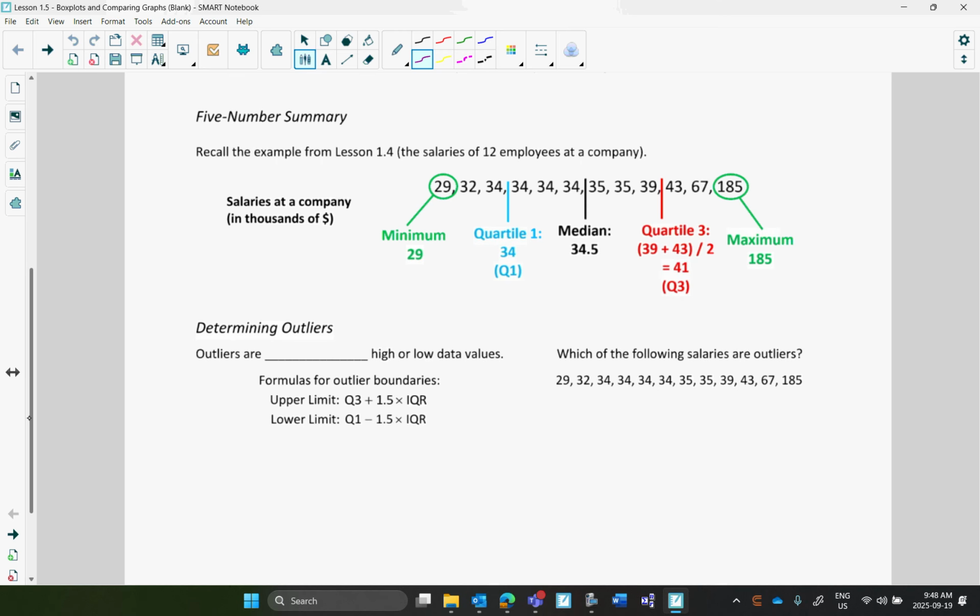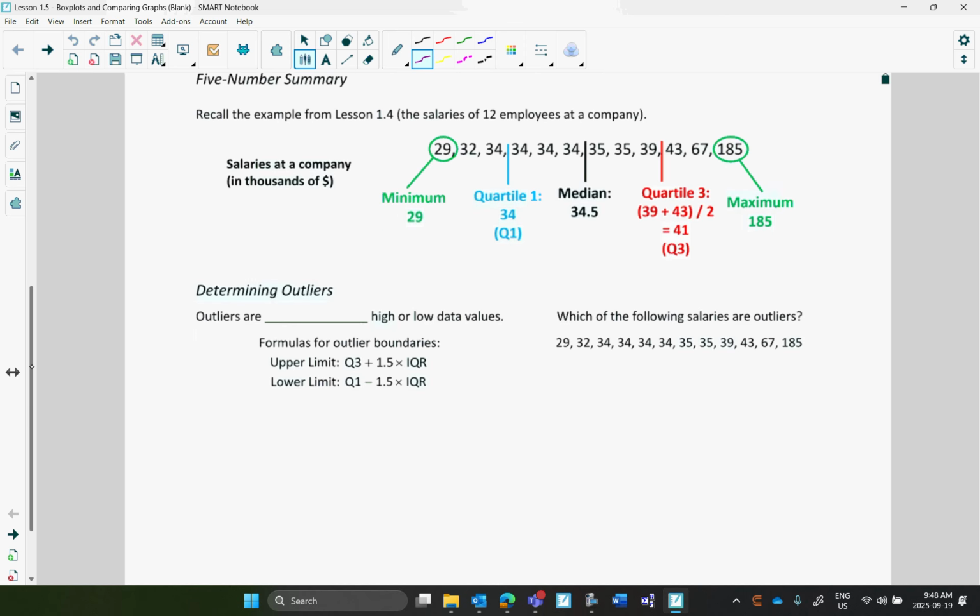Because we use median and IQR specifically to actually calculate outliers in data. Because remember, up to this point, we've kind of been looking at numbers or a graph and saying there appears to be an outlier, or there appear to be several outliers. We can actually calculate them, okay? And this is how we do it.